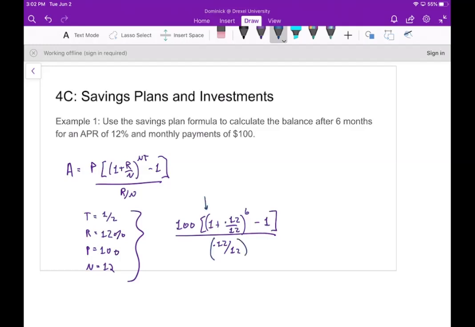So we want to do 100 times parenthesis, 1 plus 0.12 divided by 12, and then close that. Oops, I missed a 1 there. So 1 plus 0.12 divided by 12, close that, raise that to the 6, minus 1, and then divided by parenthesis 0.12 divided by 12.